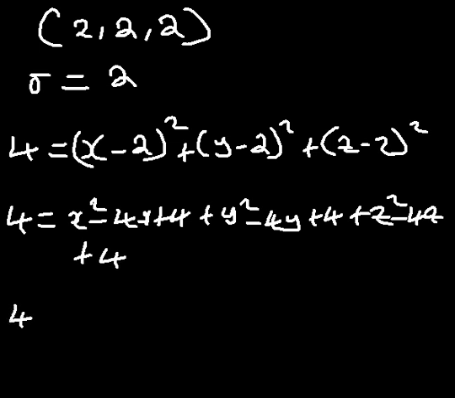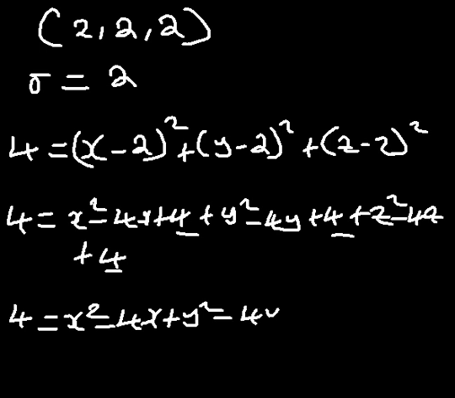We have 4 = this 4, this 4, and this 4, which gives 12, so x² - 4x + y² - 4y + z² - 4z + 12.